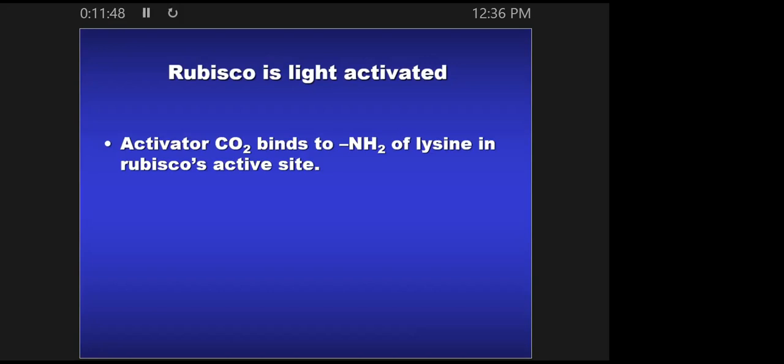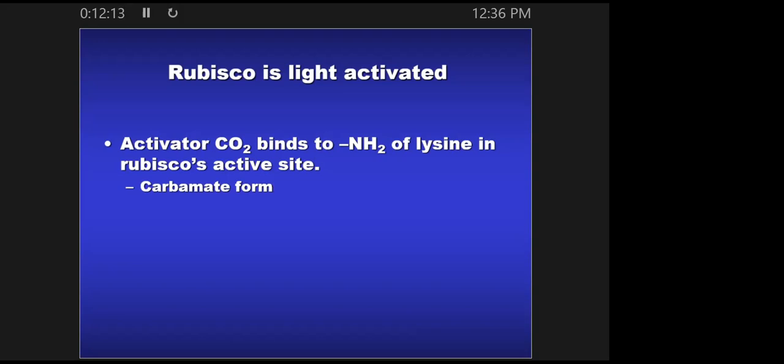It's an amino group of the lysine amino acid there. And they call that the carbamate form of Rubisco. Once that activator CO2 has come in and bound there, they call that the carbamate form of Rubisco. So we're close, but not quite.